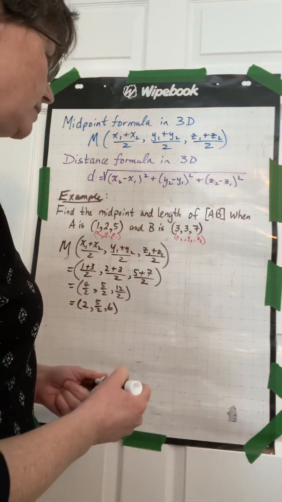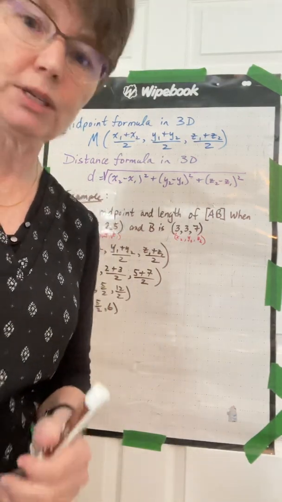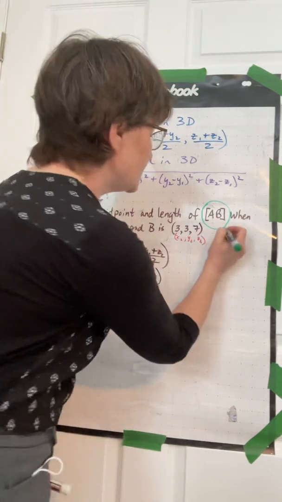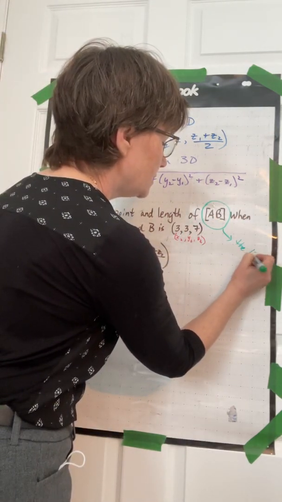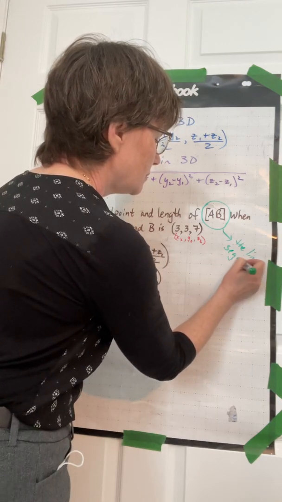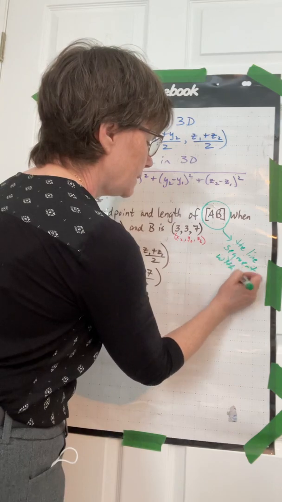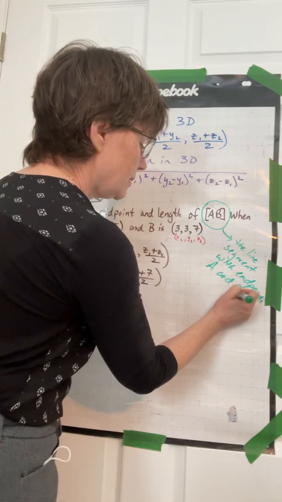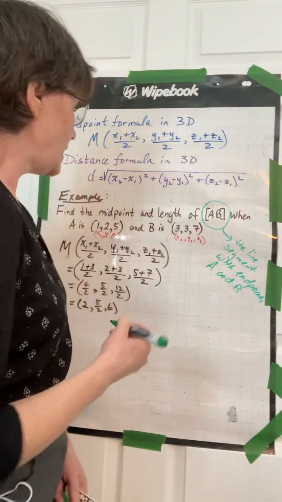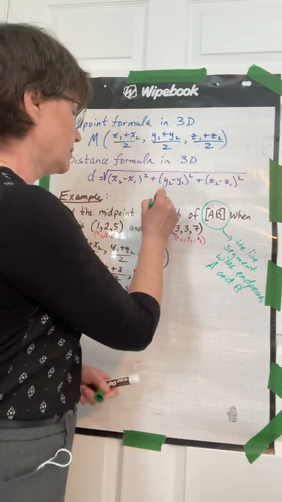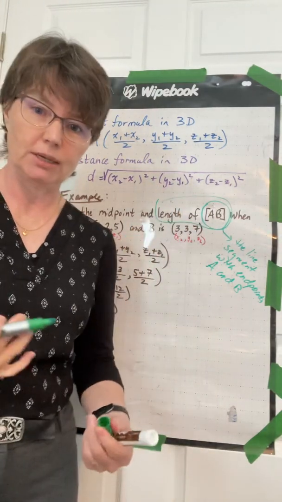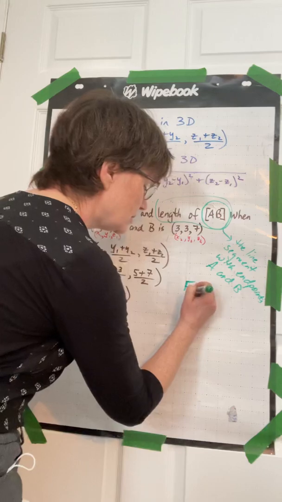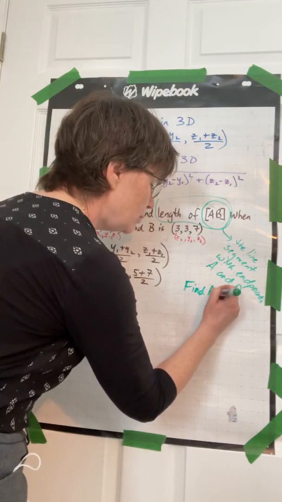Let's find the length of AB. Now, I want to talk a little bit about this notation. This notation means the line segment with endpoints A and B. If we're asked to find the length of AB, that means find how long it is from A to B. Or sometimes you'll see the instructions, find AB.